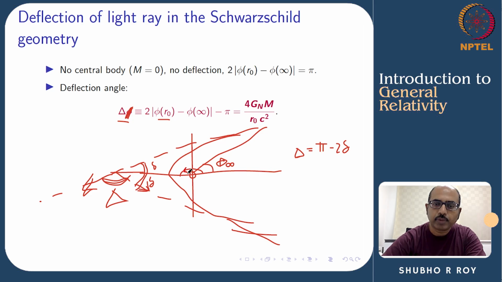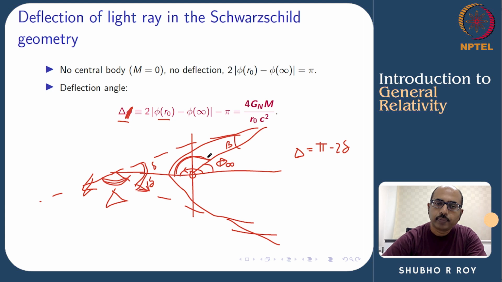The difference between these two azimuthal angles is nothing but this, and delta has a relation to this angle, which we call beta.